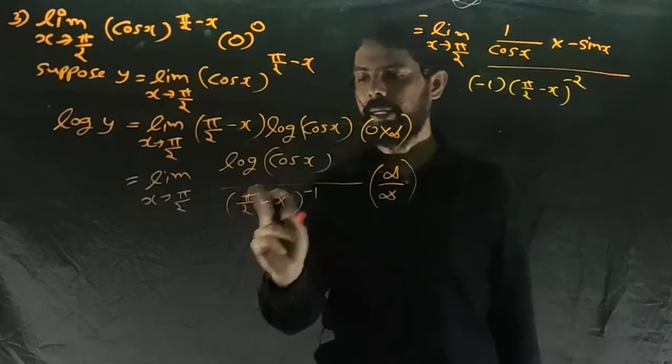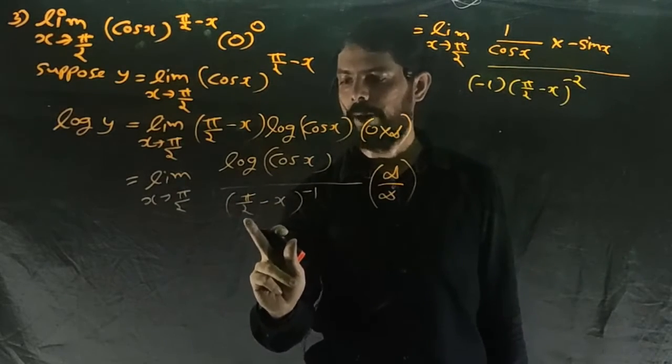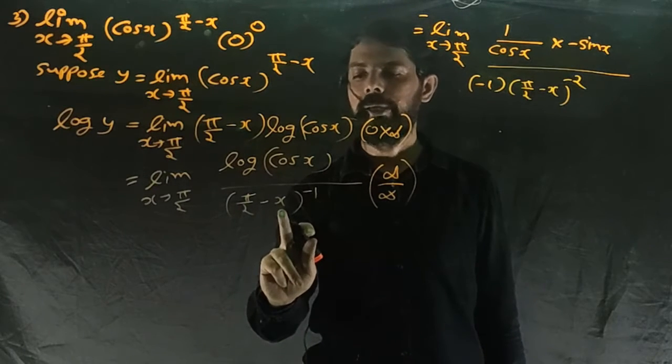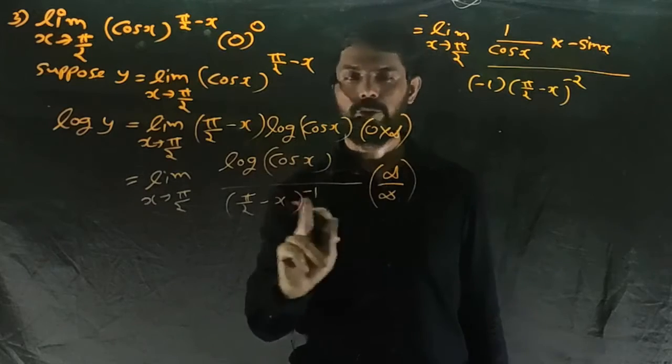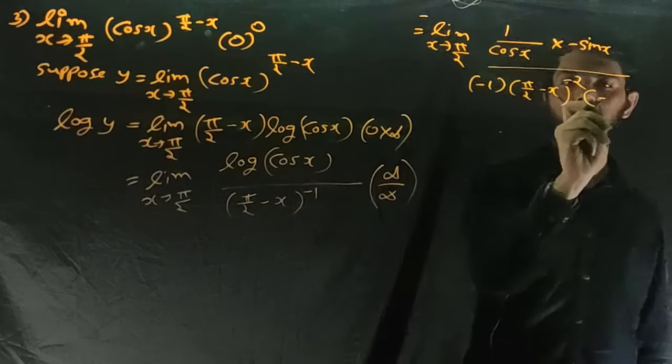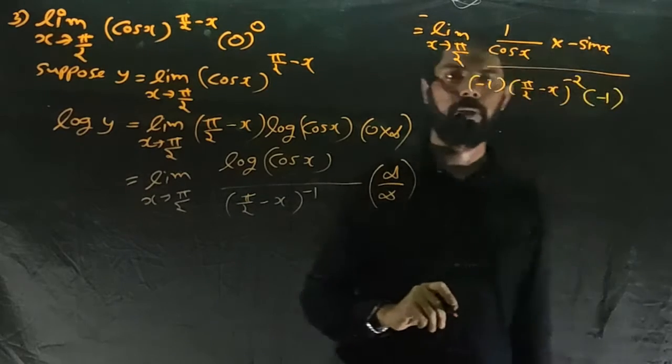Okay, then we will take the derivative of the bracket. Here pi by 2 is a constant, so the derivative of pi by 2 is 0, and the derivative of x is 1. So it will be 0 minus 1, that is minus 1.